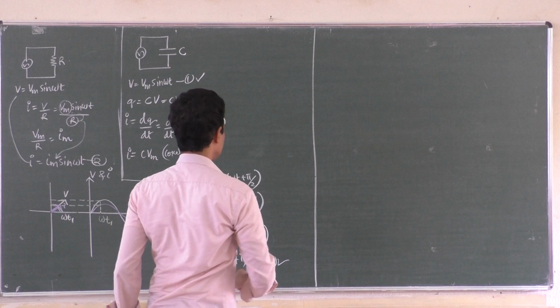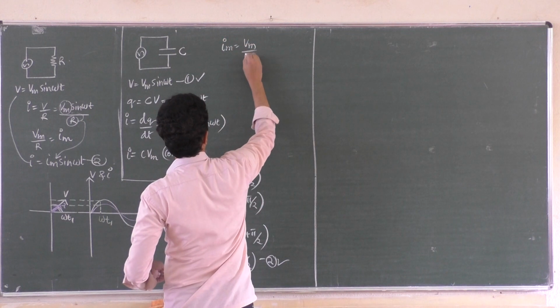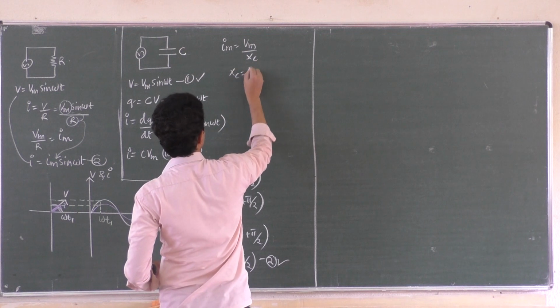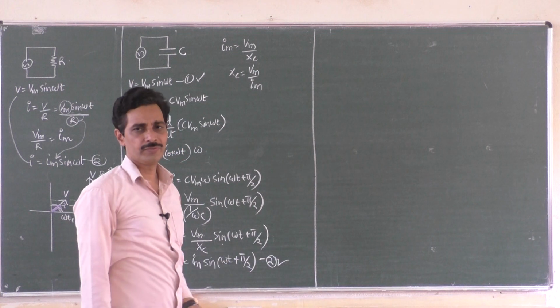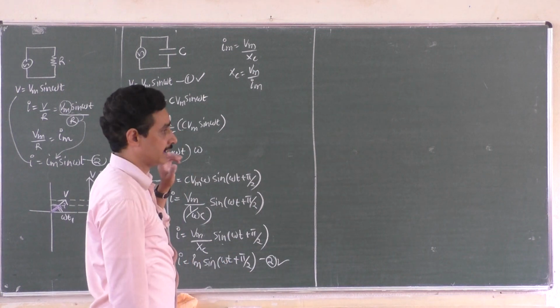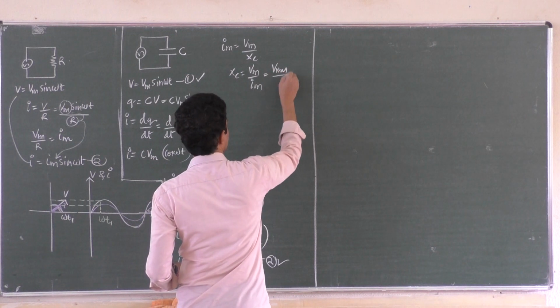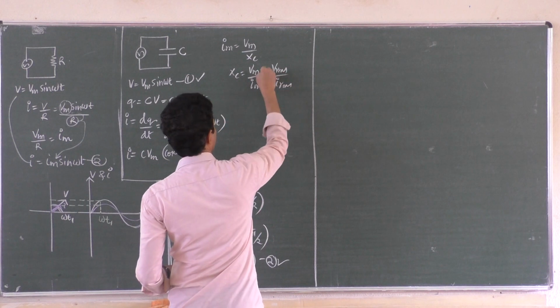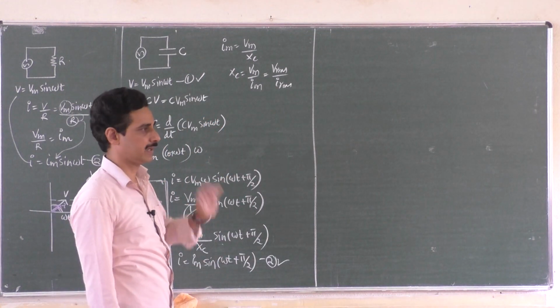Now, when you wrote Im is equal to Vm by Xc, we have got some answers here. Xc is equal to Vm by Im, peak value of voltage by peak value of current. That is called the reactance of the capacitor, and this is also called Vrms by Irms. If you divide by root 2 on both numerator and denominator, you will get Vrms by Irms.